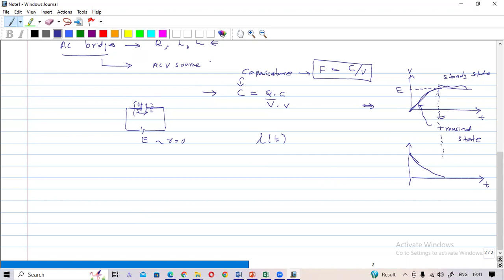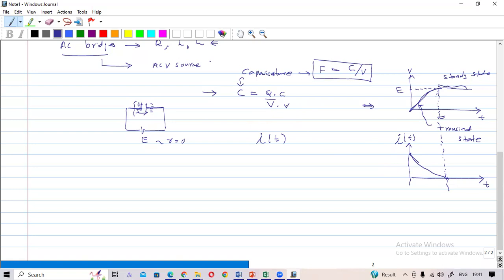At the steady state level, the current through the capacitor will be 0. This is the current. So you can see that the current is changing with time.